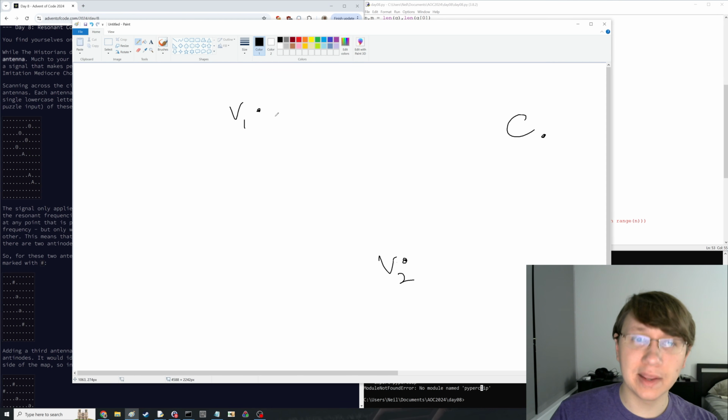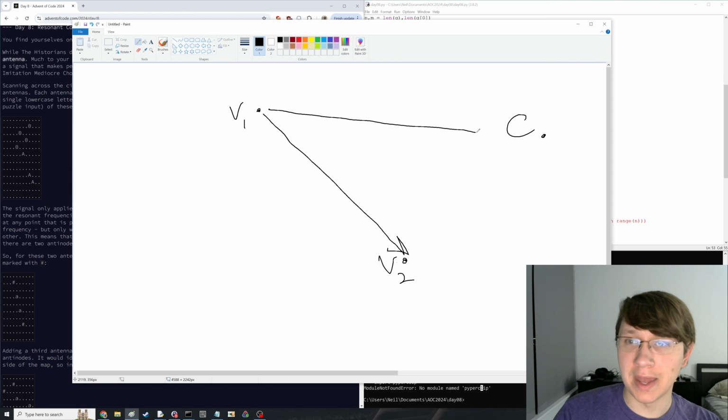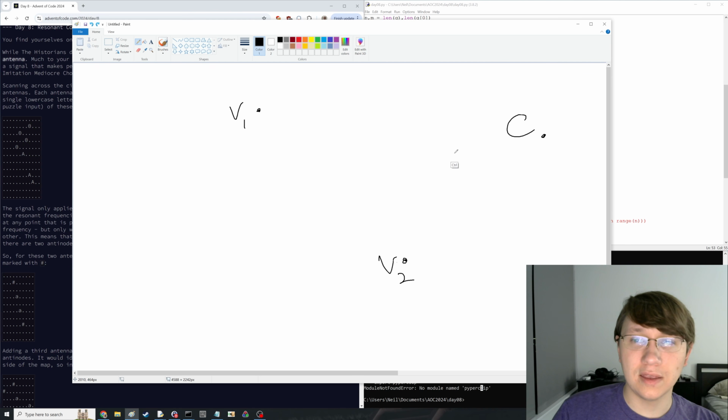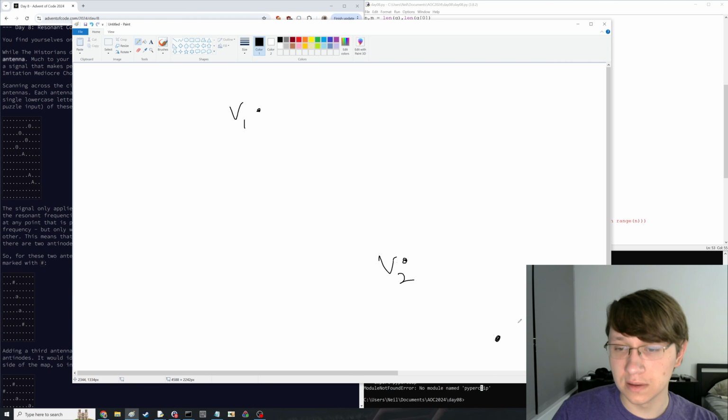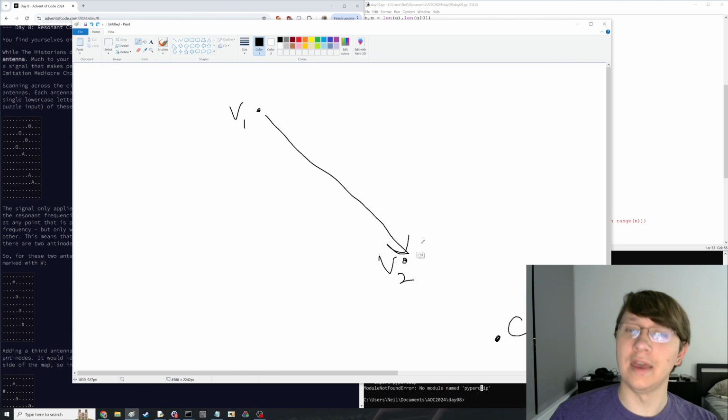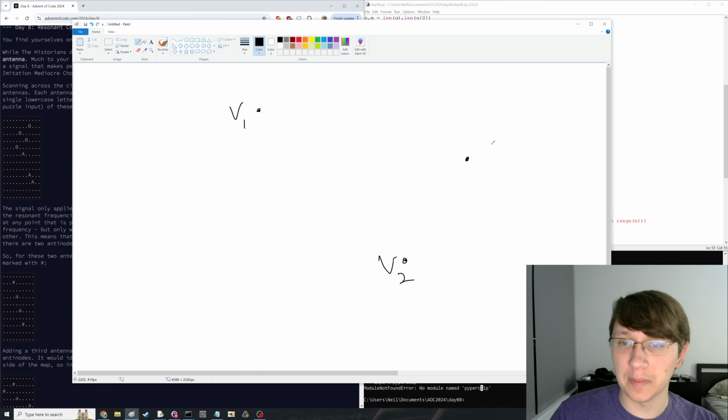One way to do that is to draw these two vectors and then ask, are these vectors parallel? If C is collinear, then they will be parallel and life will be good. If not, then they won't be parallel.